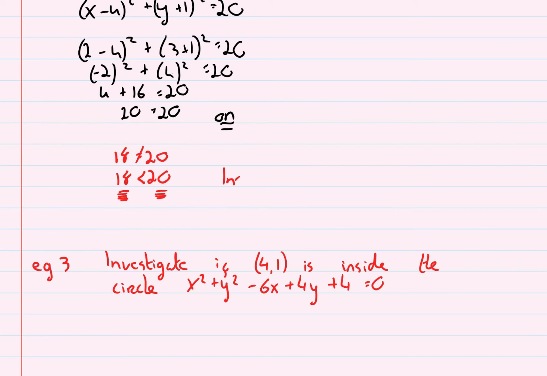Therefore, it would lie inside the circle. Likewise, if we got 24 equals 20, well, that wouldn't be right. 24 is greater than 20. So the number we got when putting the points into the equation is greater than the radius, so therefore it would lie outside.